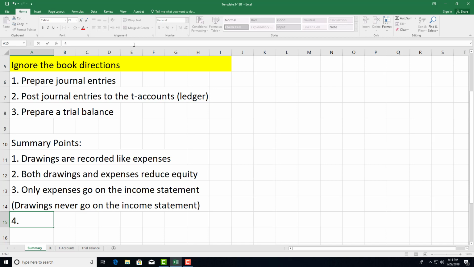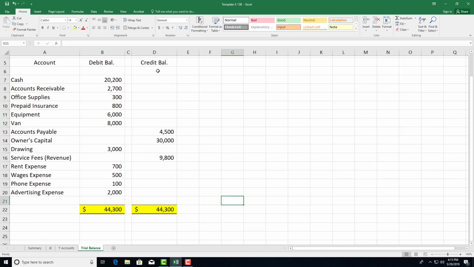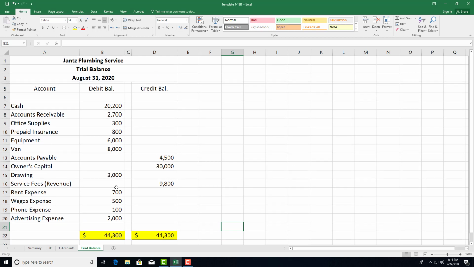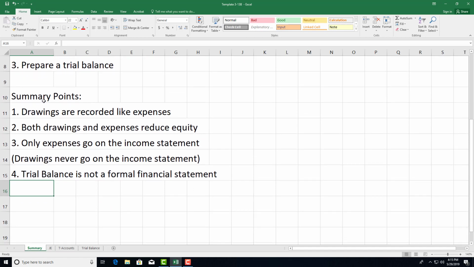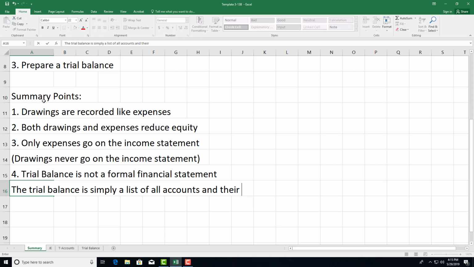And then one more point that I wanted to make about the trial balance is the trial balance is not a formal financial statement. It is simply a list of all accounts and their balances.